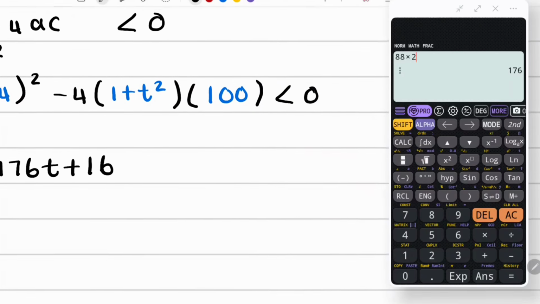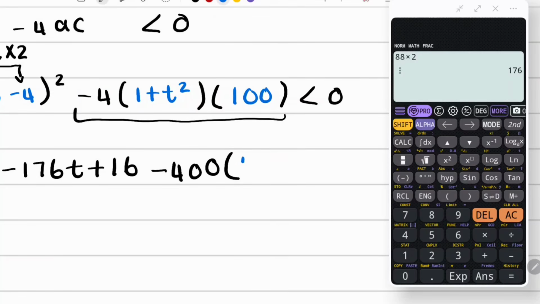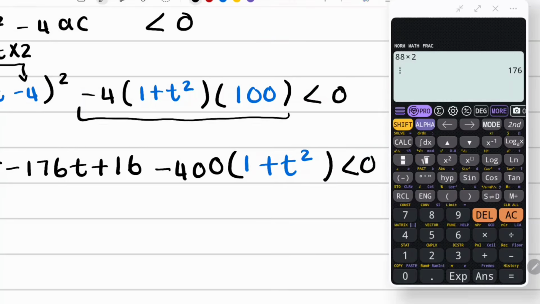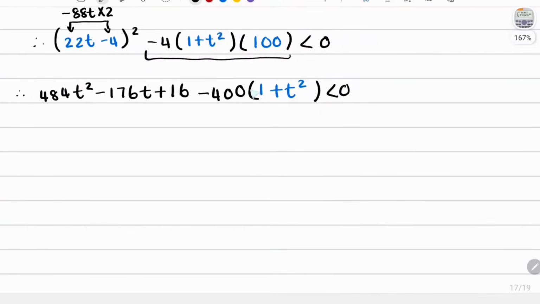Let's keep moving. Okay, let's just be careful on how we're going to multiply this. I see that this can distribute in like that. But remember, it's being multiplied all through. Let's multiply the negative 4 and the 100 first, which will give us negative 400. Then say that is being multiplied by 1 plus t squared. Okay, it's less than 0. Okay, so now we just have to distribute here.